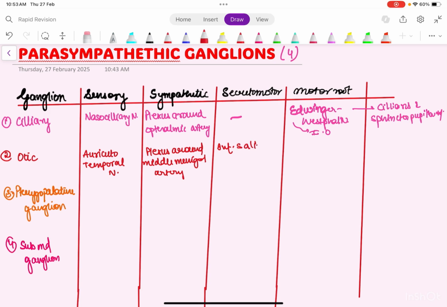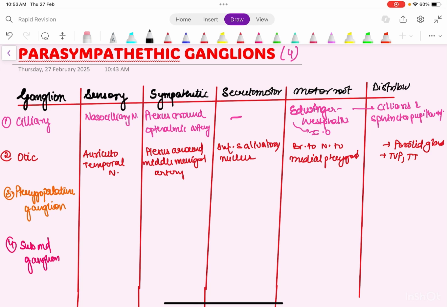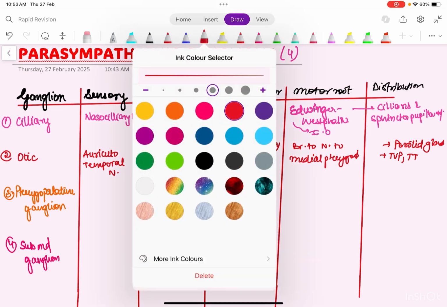In secretomotor, you have to remember the whole pathway of starting from inferior salivatory nucleus. Alright, then coming on to the motor, it is the nerve to medial pterygoid muscle. Alright, and distribution, it basically supplies the parotid gland, tensor veli palatini, and tensor tympani. So this is the distribution part.